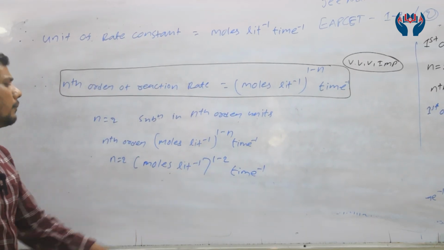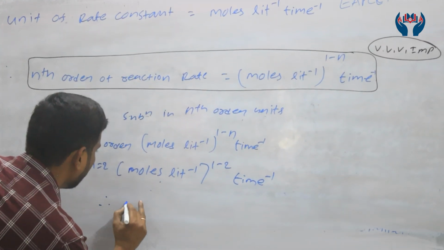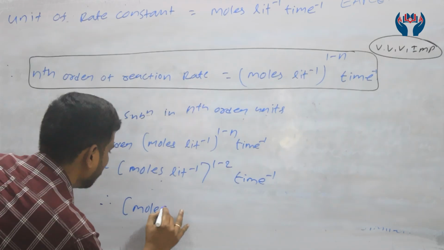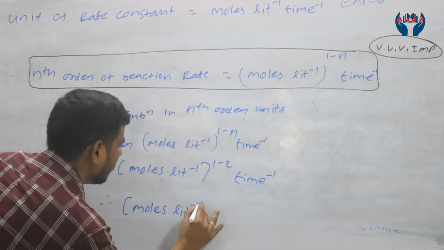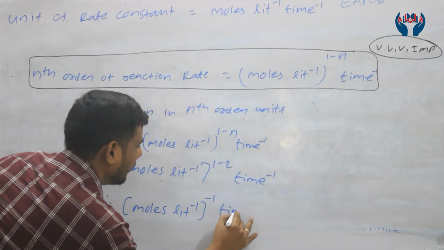The 1 minus 2 means minus 1. Therefore, moles liter inverse to the power minus 1, time inverse.